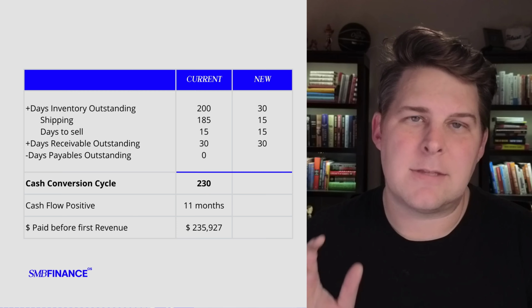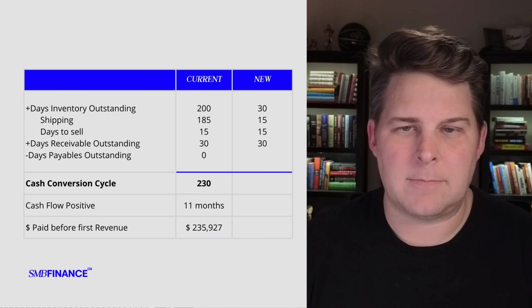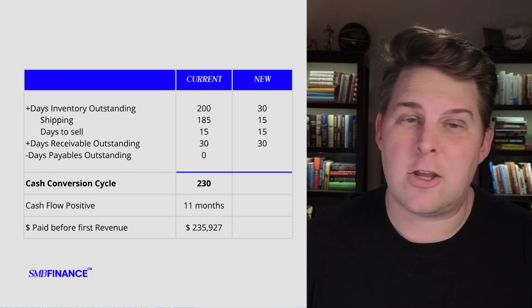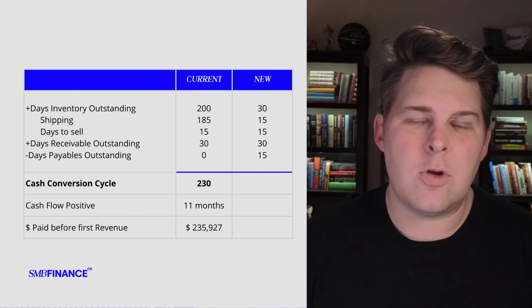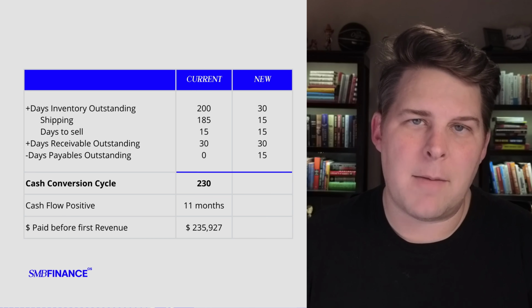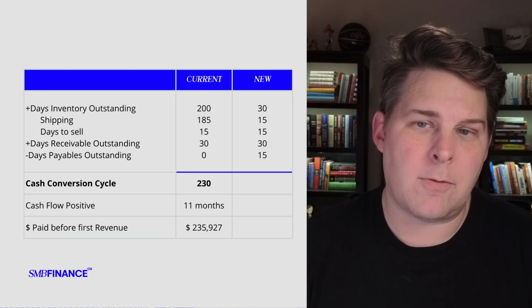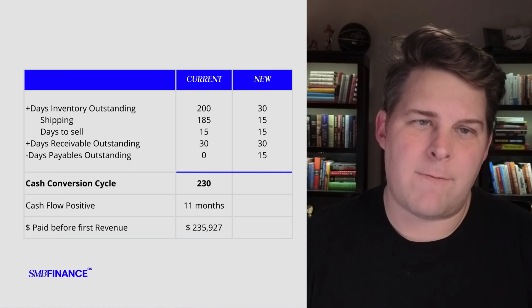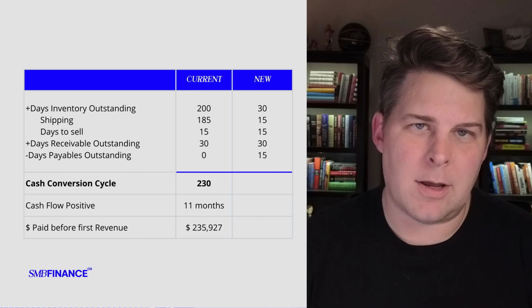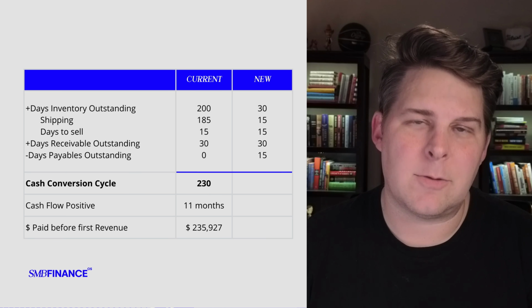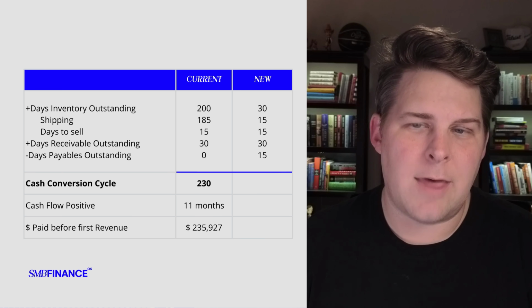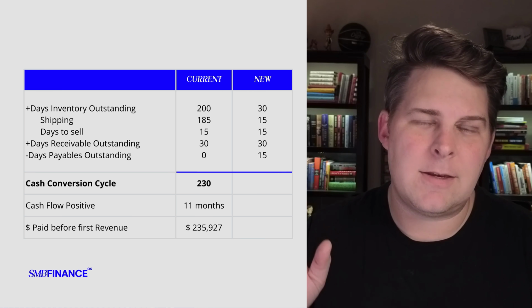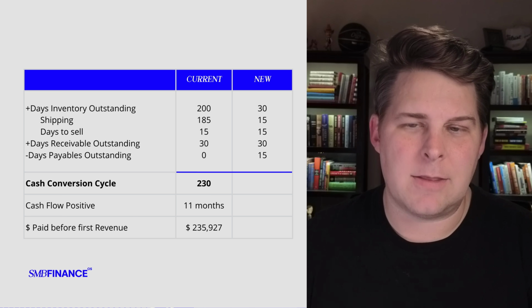The last piece is this days payable outstanding. The days payable outstanding, they got a huge win as well. The new supplier did not make them pay until it arrived and was available for them to sell. So that 15-day shipping period, they did not have to pay until it was in their warehouse. So that meant that they got 15 days credit back in this cycle.